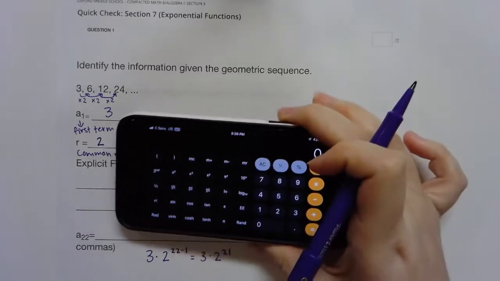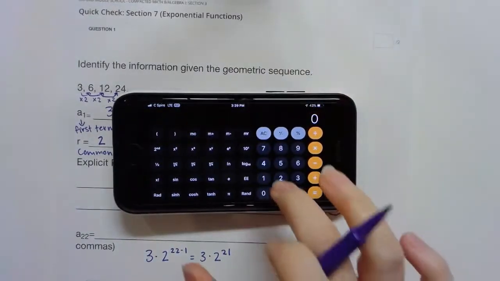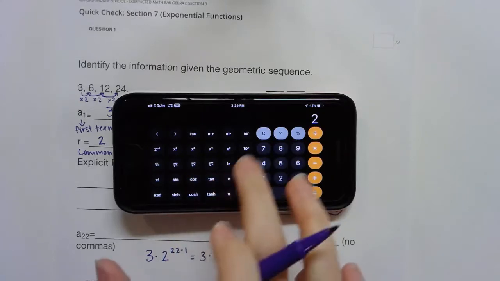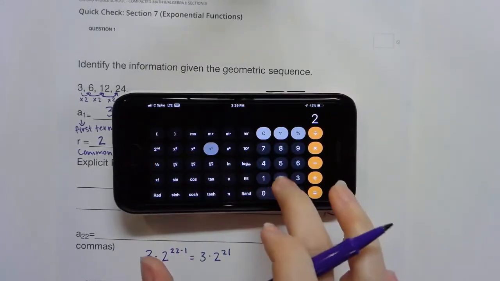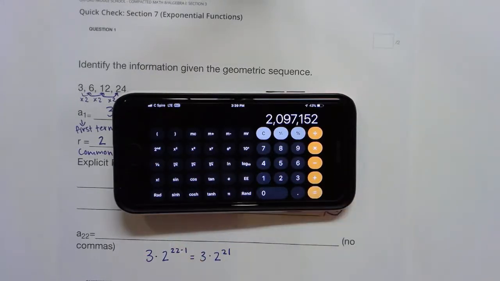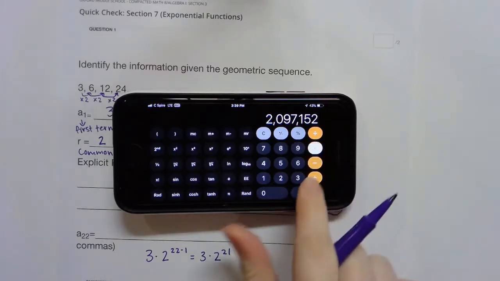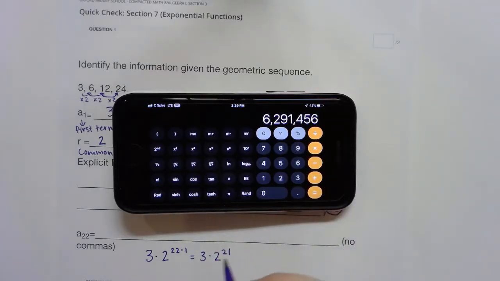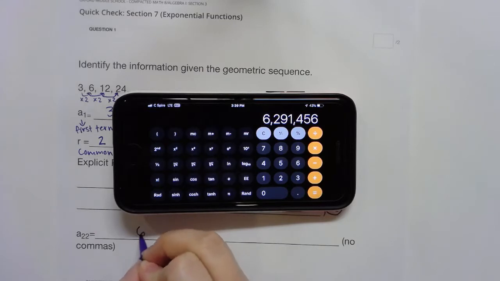All right, 2 to the 21st power times 3 would give us, and it says no commas, so 6291456 would have been your correct answer there.